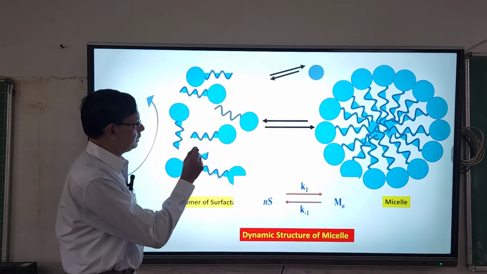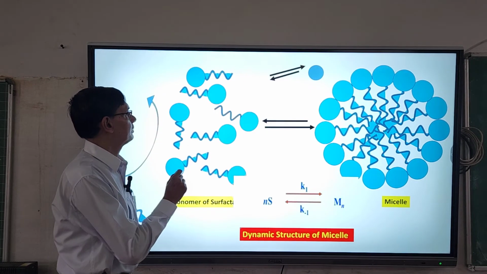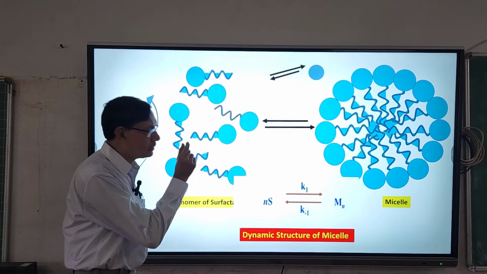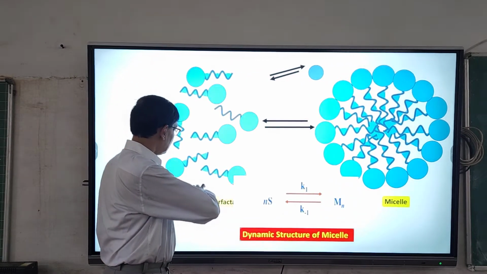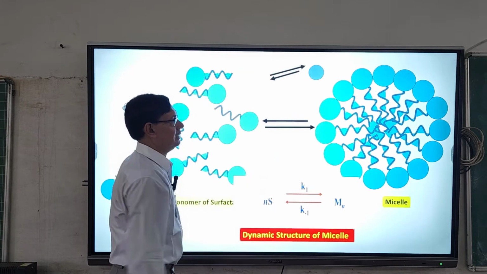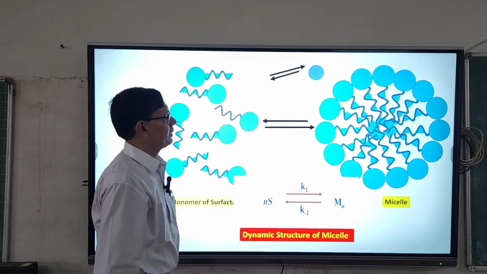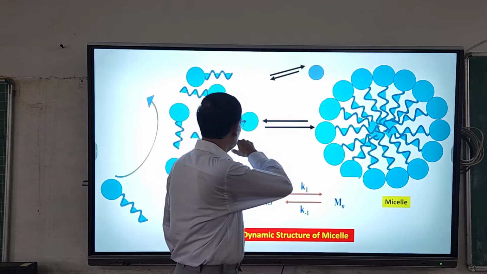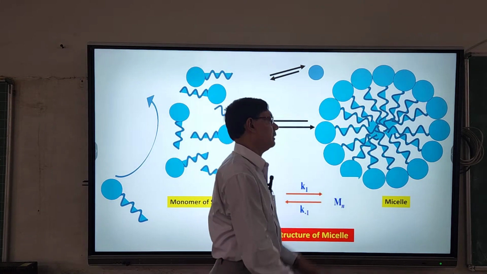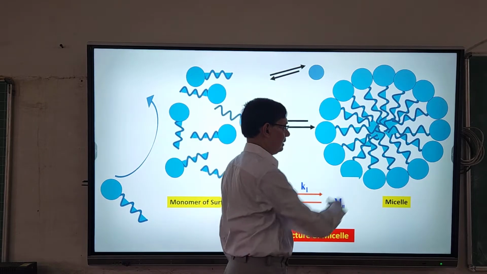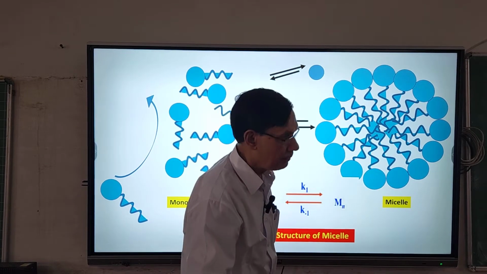So we want to calculate that narrow concentration where the surfactant is converted into micelles. That is one important point. Second important point is how many monomers self-aggregate and form a micelle. That is called the aggregation number.